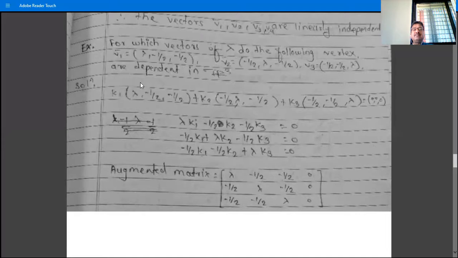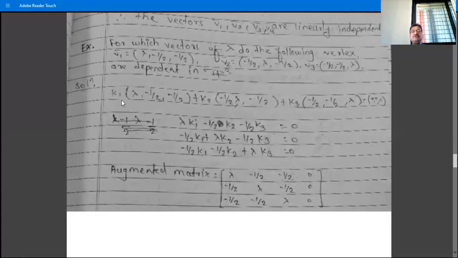Let K1, K2, K3 be scalars such that K1 V1 plus K2 V2 plus K3 V3 is equal to 0 bar. Write that sentence first. Then write the values of V1, V2, V3 and 0 bar as triples.